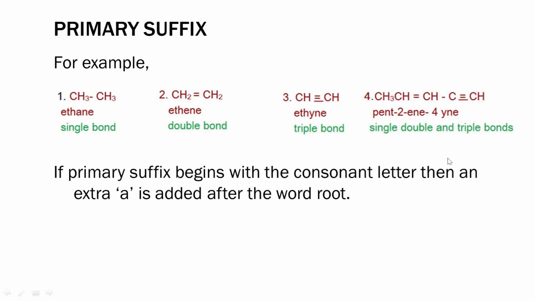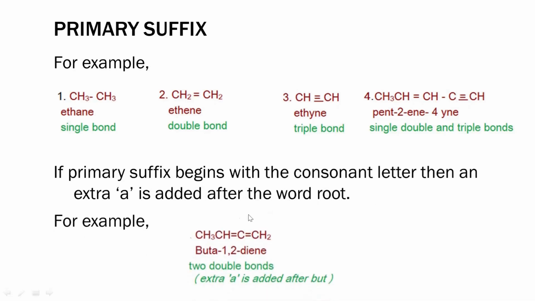This is the example. Now there is one extra rule. That rule says if the primary suffix begins with a consonant letter, then an extra a is added after the word root. For example, in this case the primary suffix starts with d, a consonant letter, diene. So for this we have to add an extra a to the word root.